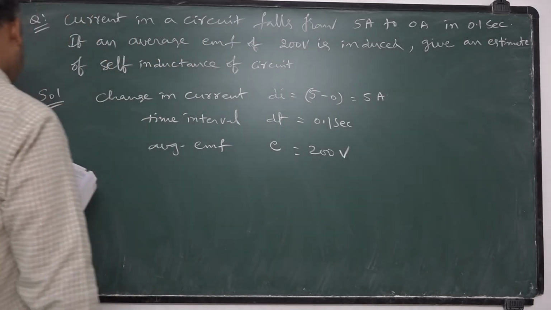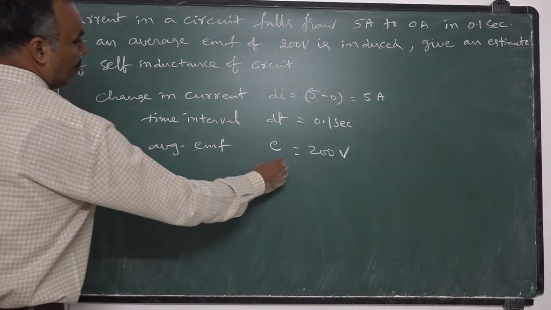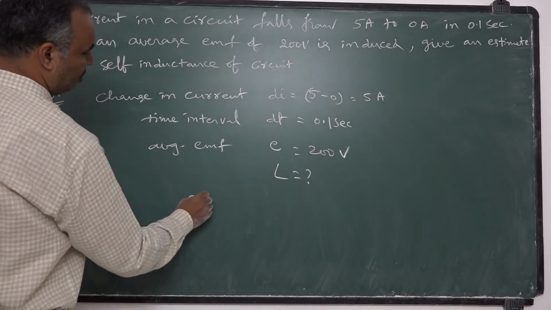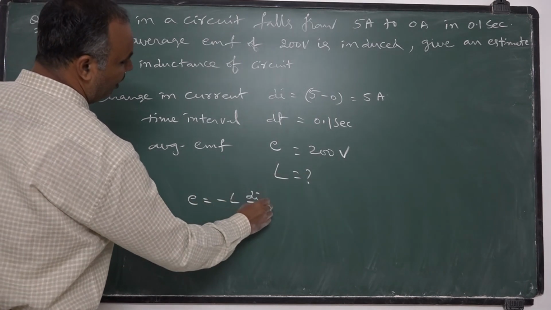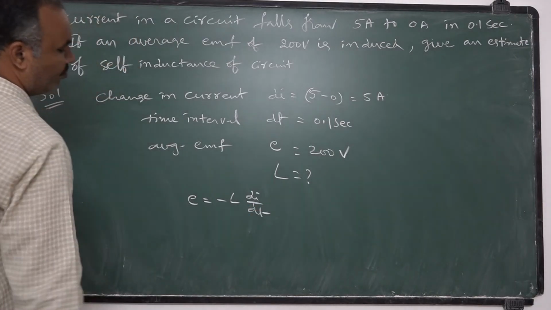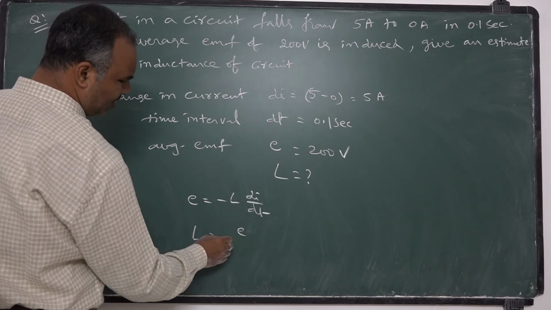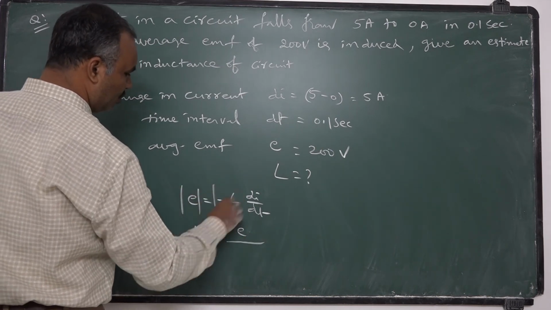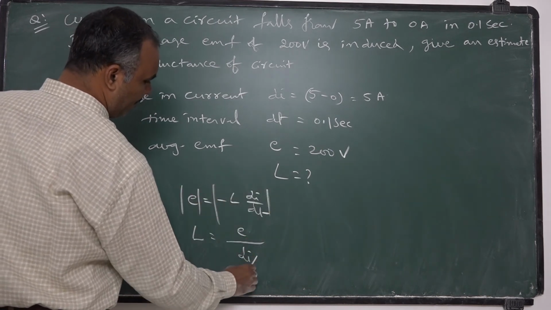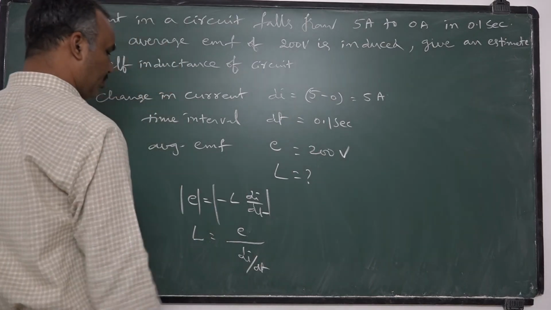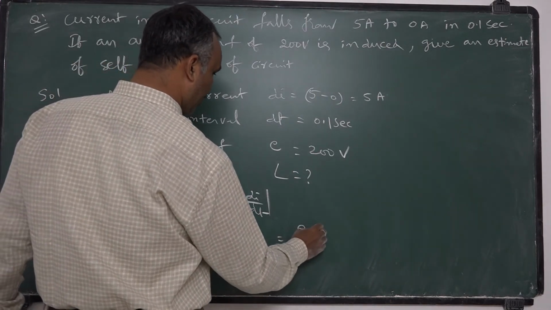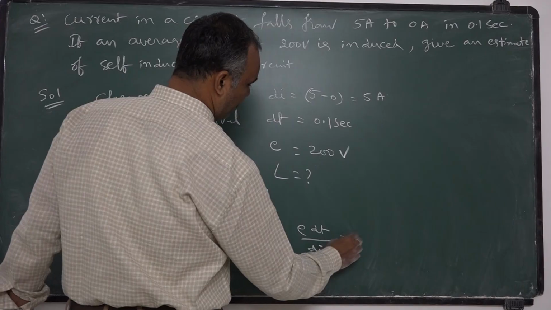You know that, what is the self-inductance? E is equal to minus L into di by dt. Then L is equal to, minus indicates the direction, only you take magnitude into consideration, E dt by di.